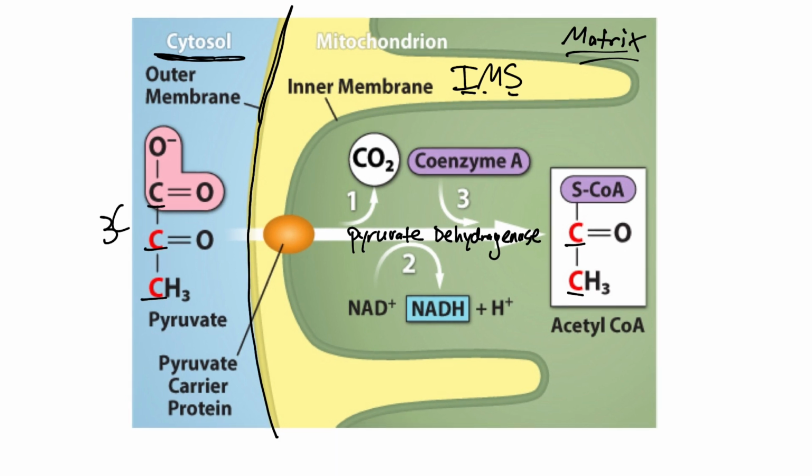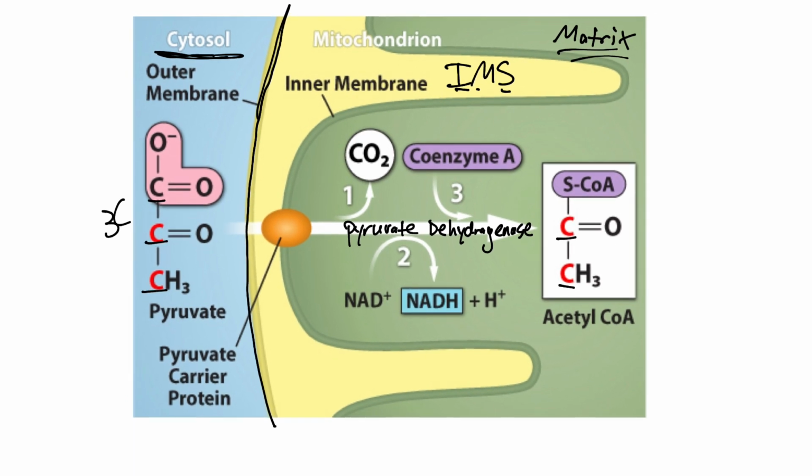Pyruvate dehydrogenase because we're removing these molecules, including a proton, hydrogen, from pyruvate, but you also remove a carbon. And so the fact that we're going from a 3-carbon pyruvate to a 2-carbon acetyl-CoA, that third carbon has to go somewhere, and that's our first CO2.